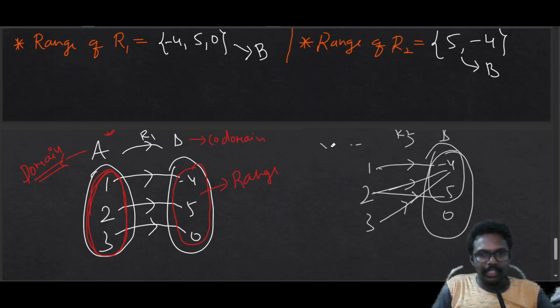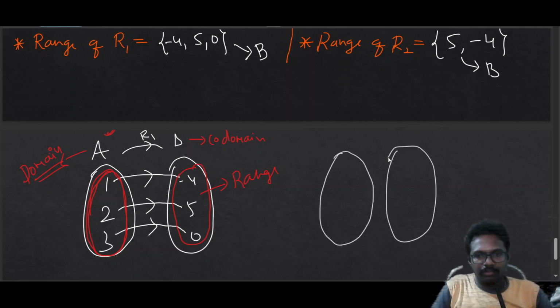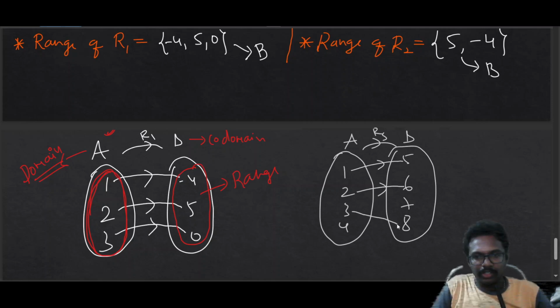Let's see another example. This is A, this is B, this is R3, with 1, 2, 3, 4 and 5, 6, 7, 8. 1 is related to this, 2 is related to this, 3 is related to this, 4 is related to this.